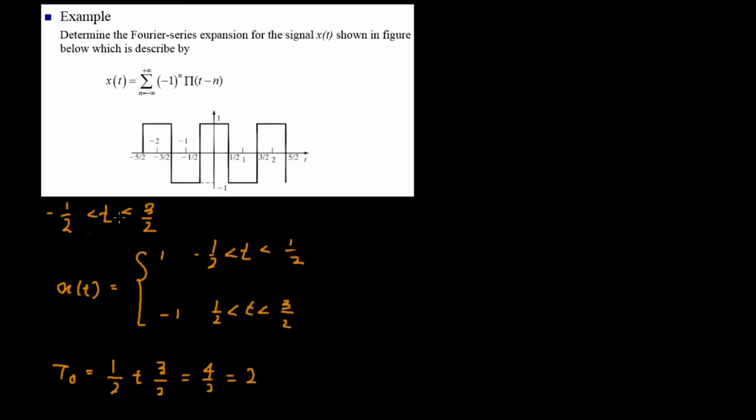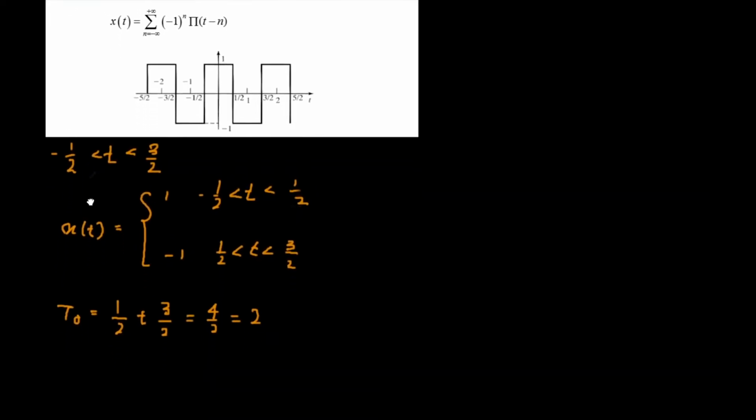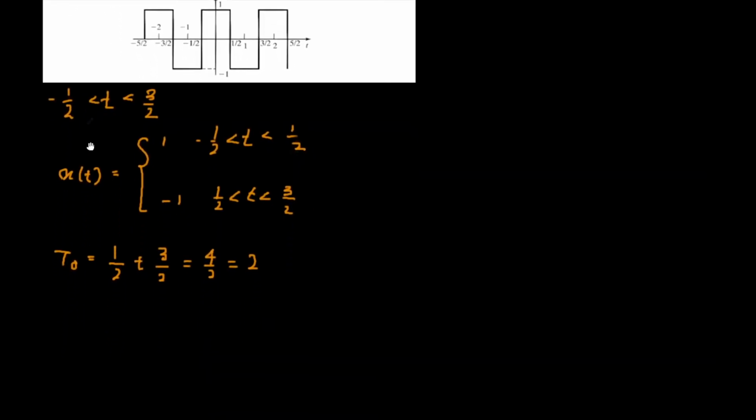Now we have determined the fundamental period, and we have also determined the behavior of the function. Next, you may write the general equation for the complex Fourier series expansion, which is from the previous videos. The Fourier series expansion for the complex Fourier series is shown like this.